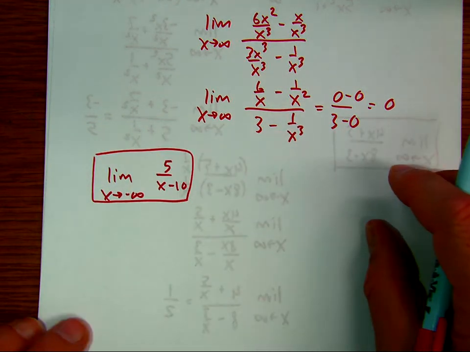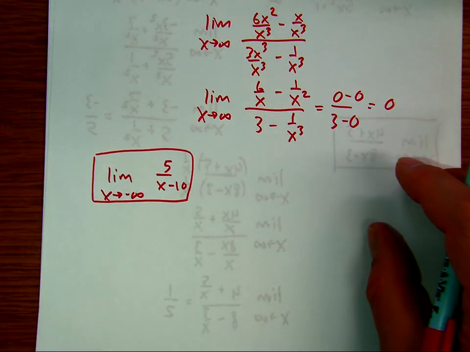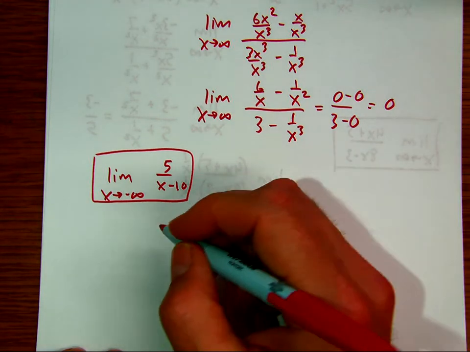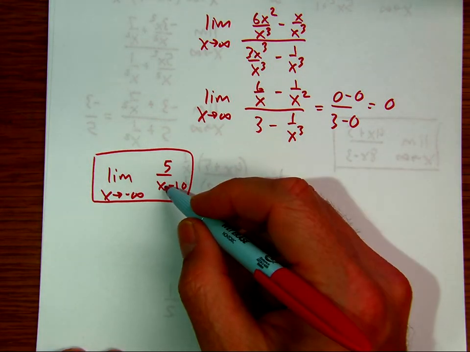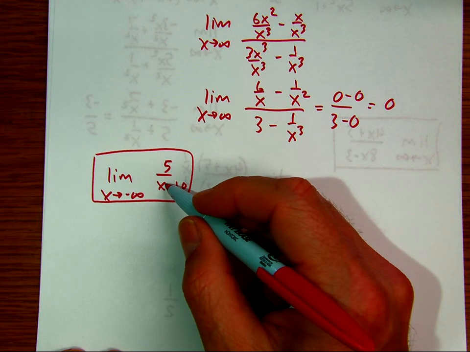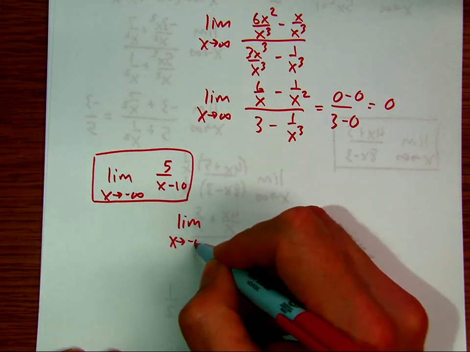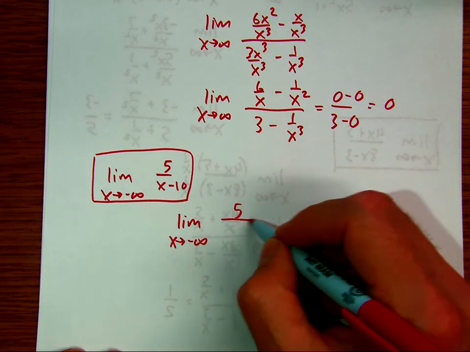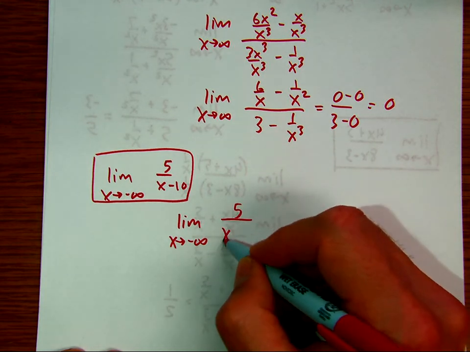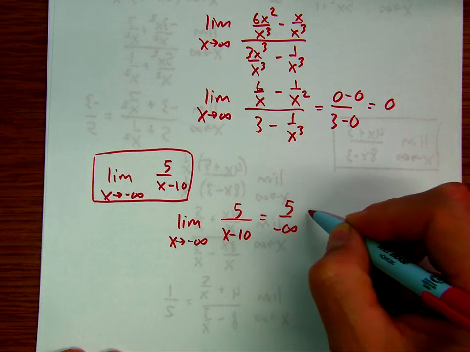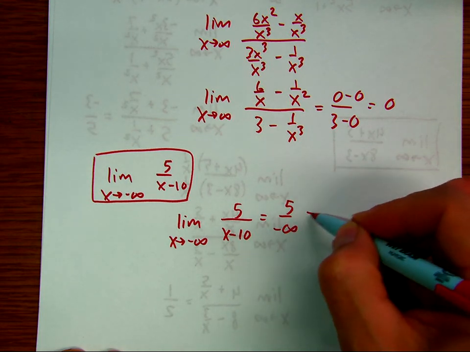So remember that we don't have to divide all the terms by x here, because we can do direct substitution and it's not indeterminate. So that's 5 over negative infinity. That's okay, it's not indeterminate, and we know it equals 0.